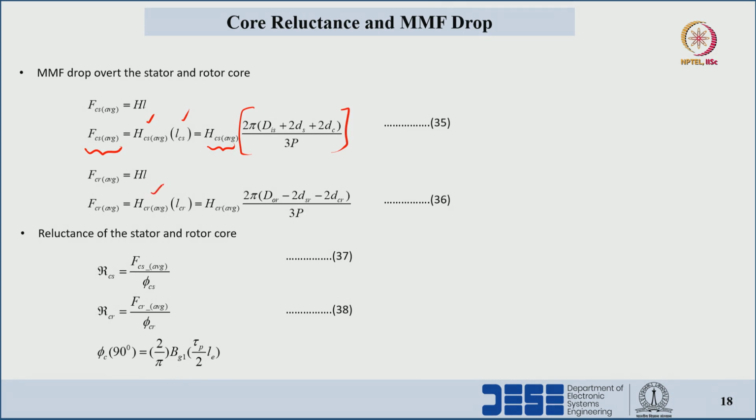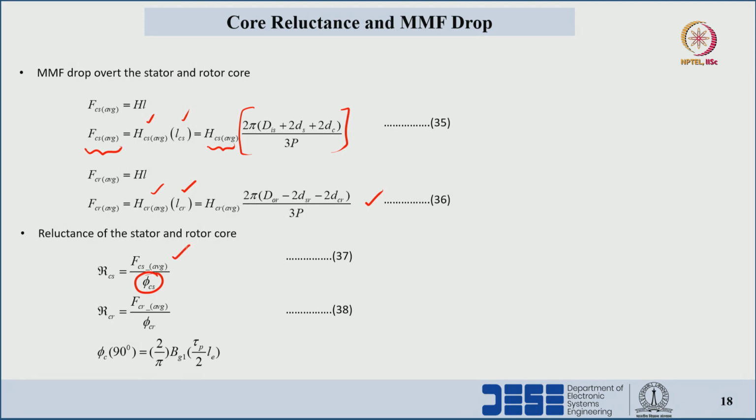Similarly, the flux intensity average at the rotor core and the length of the rotor core we have calculated already. Based upon that we can find the MMF drop with respect to the rotor core. Once we know the MMFs and flux values, we will calculate it.